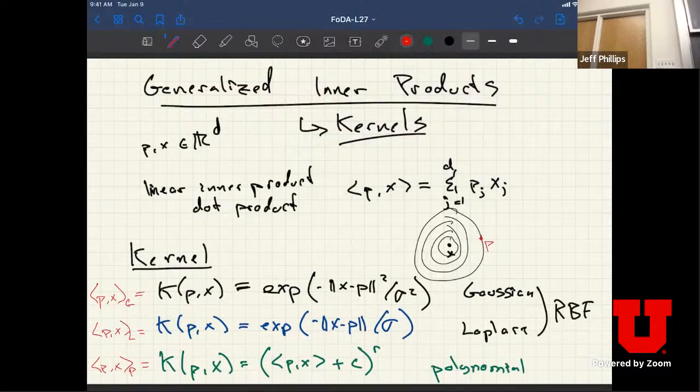Again, that's going to have a lot of terms in it, right? That's the same inner product here. So it's multiplying a bunch of factors together, and then I'm multiplying it by a constant c and taking it to a power. If I were to expand that polynomial, because some of the terms are multiplied by the constant and some are not, I'm going to expand into a polynomial with a bunch of coefficients.